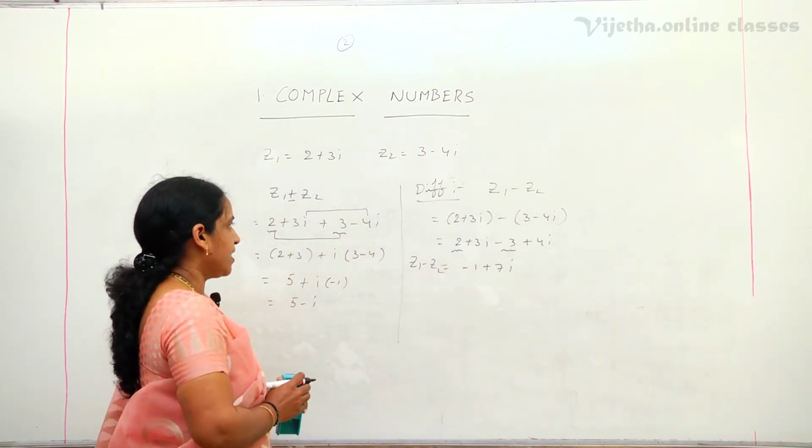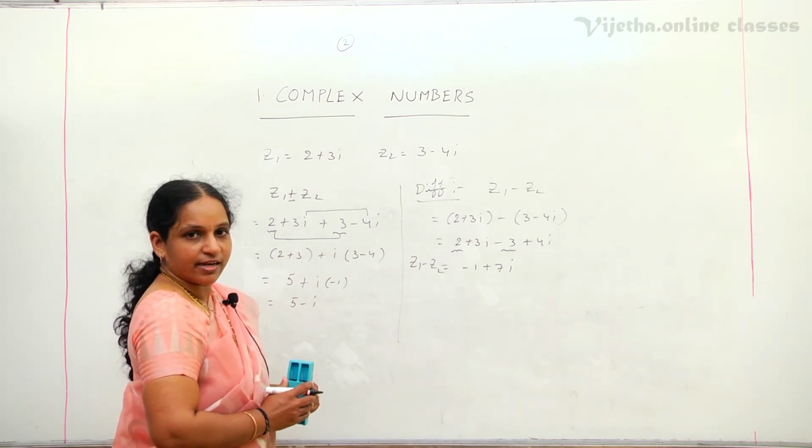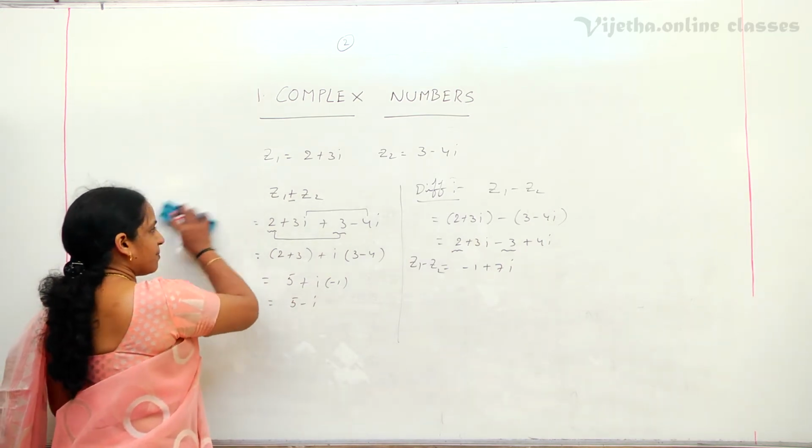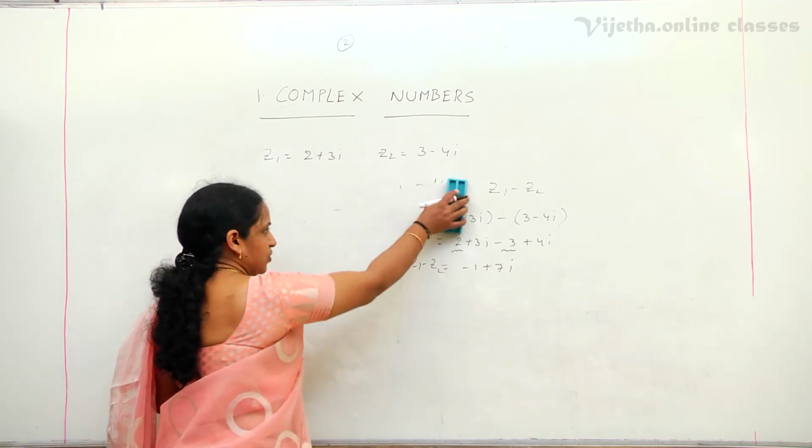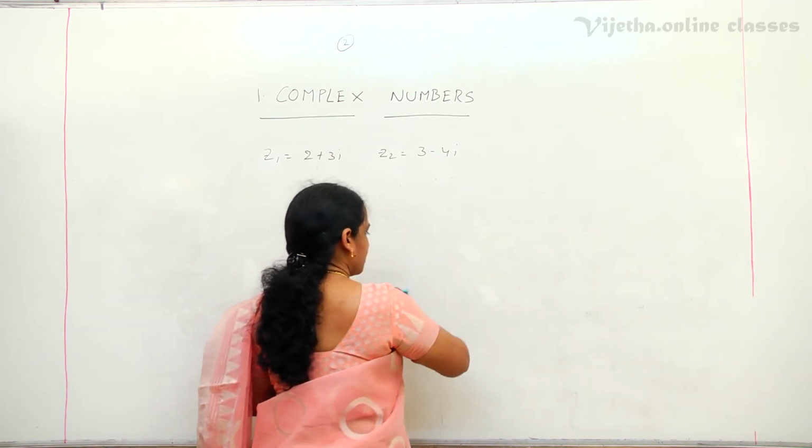Next one is negative of the complex number or additive inverse. What is the additive inverse of the complex number?